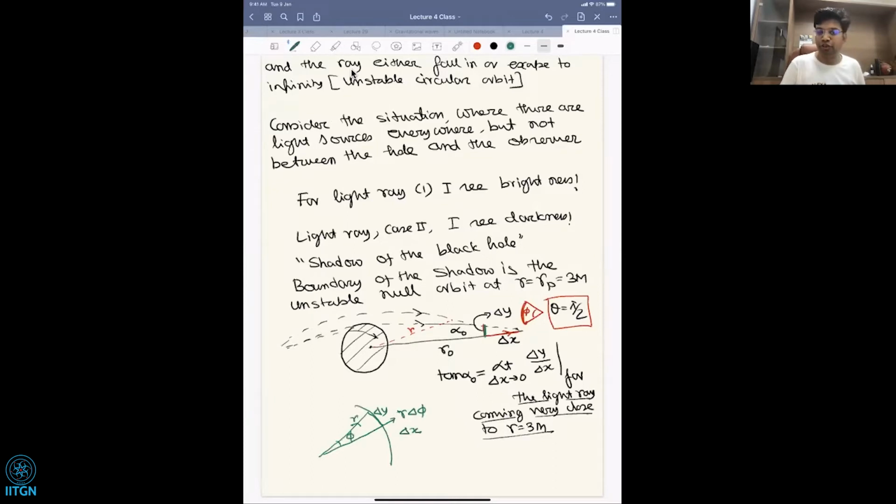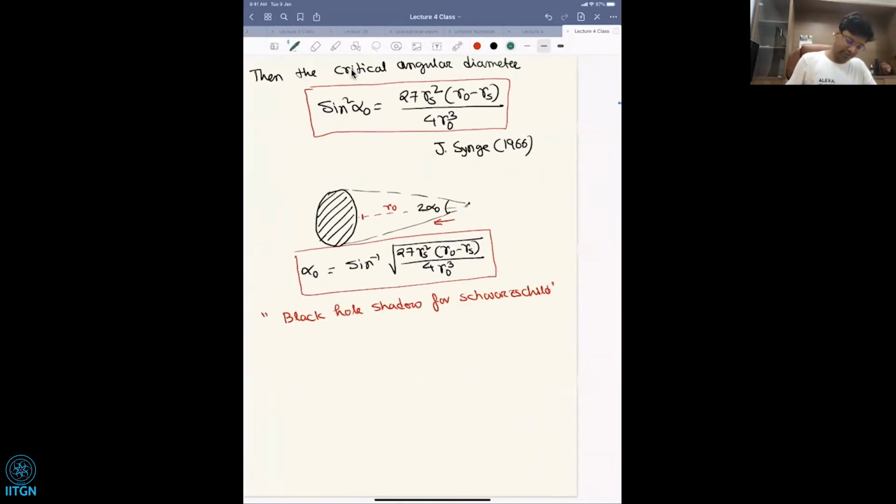For flat spacetime it is just delta r, but since this has a curvature, there is a Schwarzschild factor, 1 minus 2m by r, sitting there. Is this clear? Good. Okay, great. Excellent.